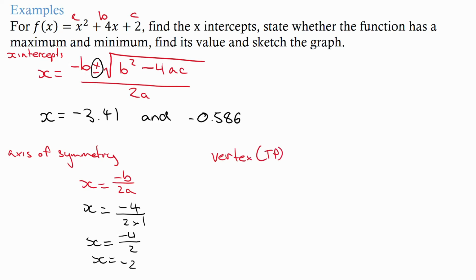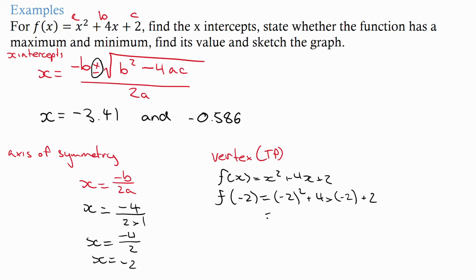How we do this is we write out our function, f(x) equals x squared plus 4x plus 2, and we're going to find it when x is negative 2. So now we have negative 2 squared plus 4 times negative 2 plus 2. You can put that into a calculator and you get negative 2 there.